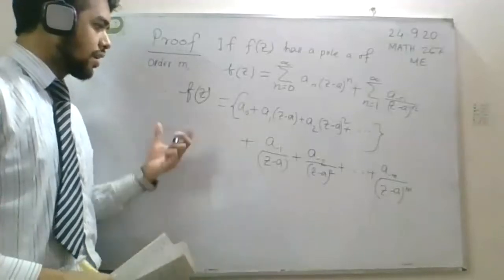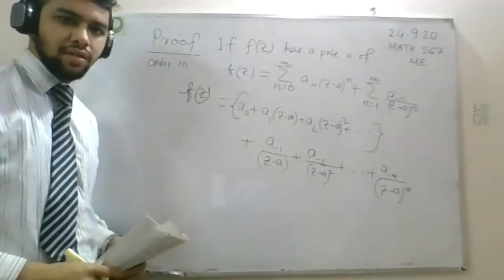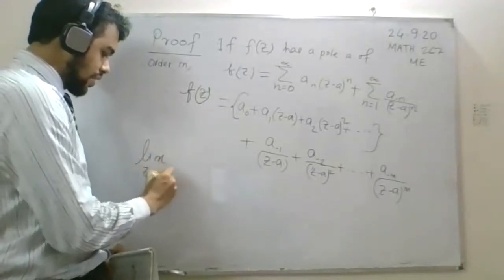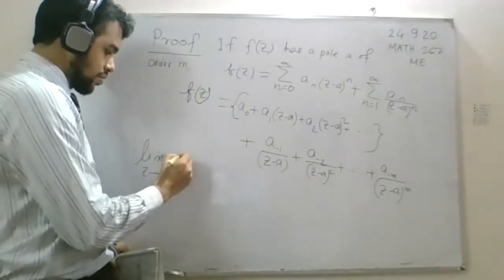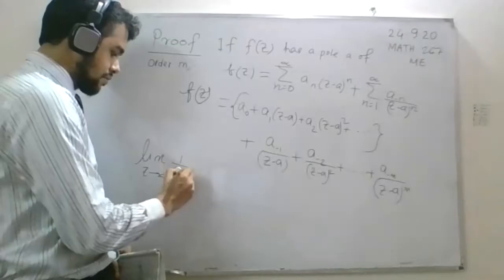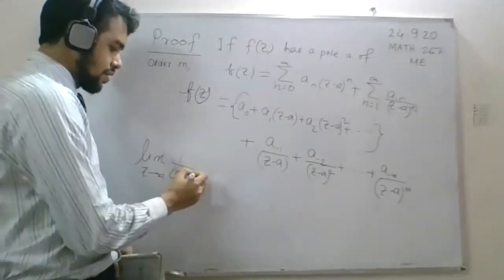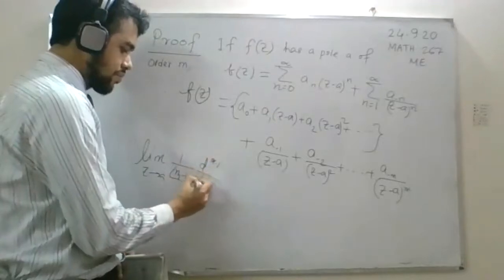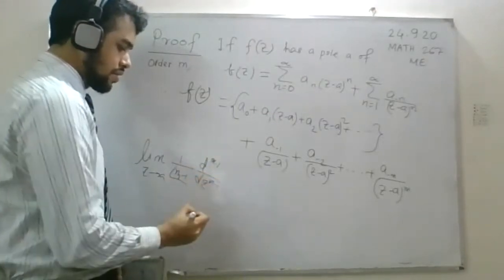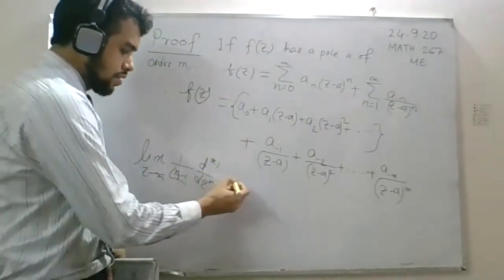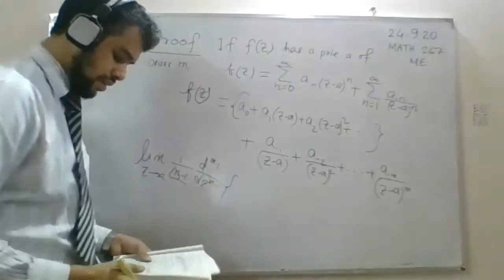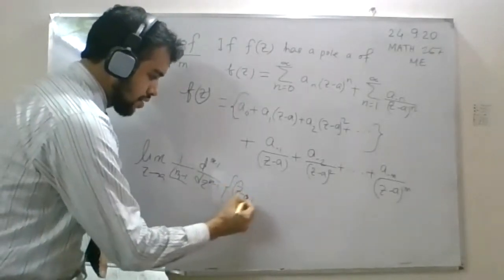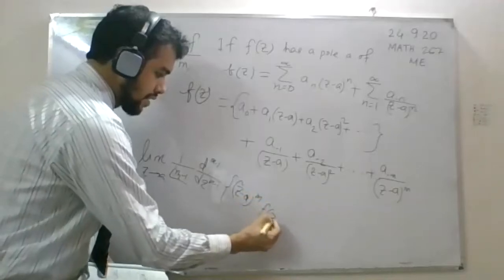Okay. Now you have to find out limit z tends to a, 1 by n minus 1 factorial, into d to the power n minus 1 divided by dz to the power n minus 1, and also this is z minus a to the power n into f(z).